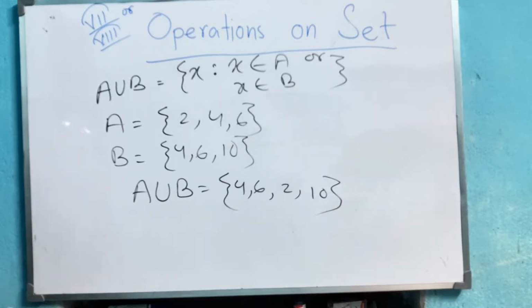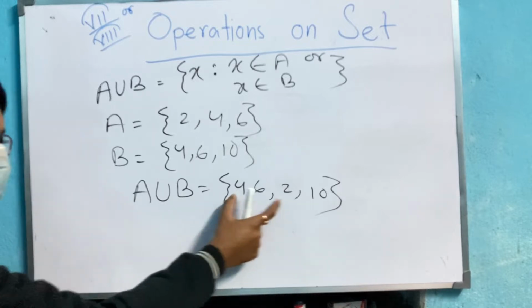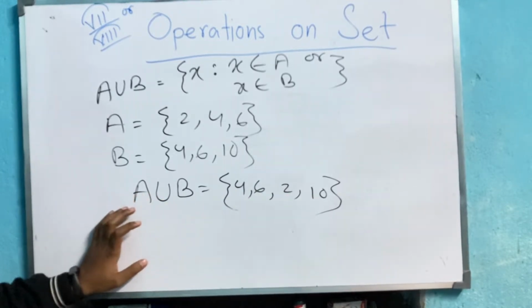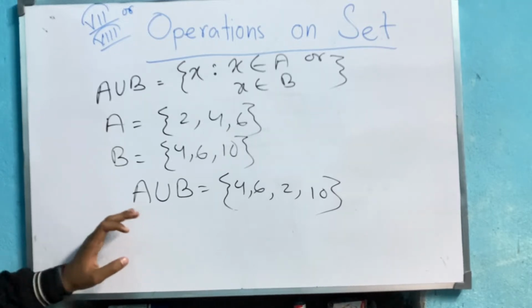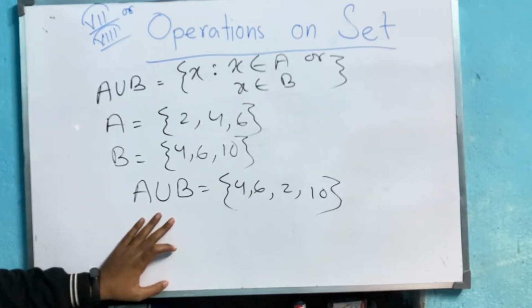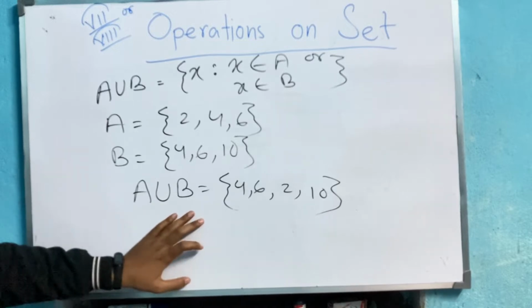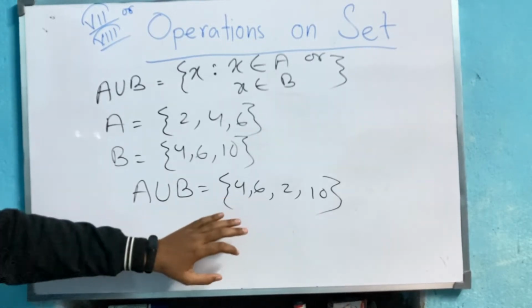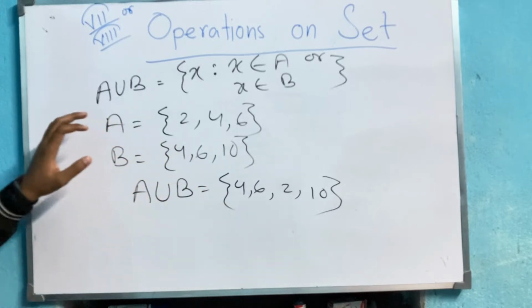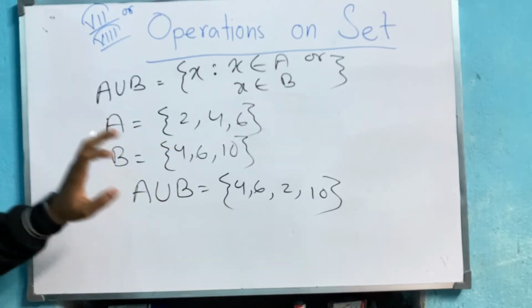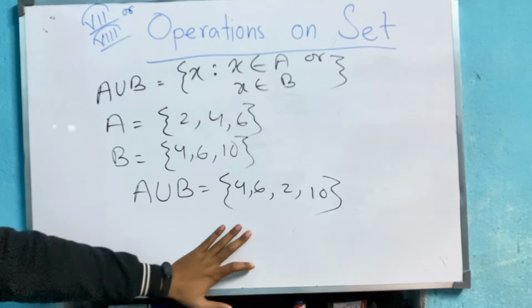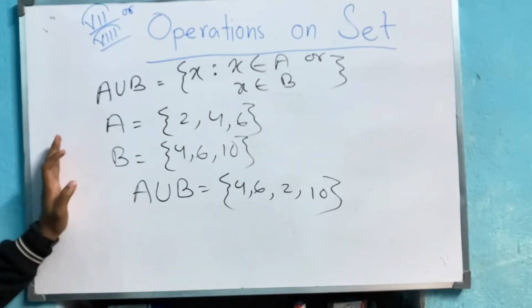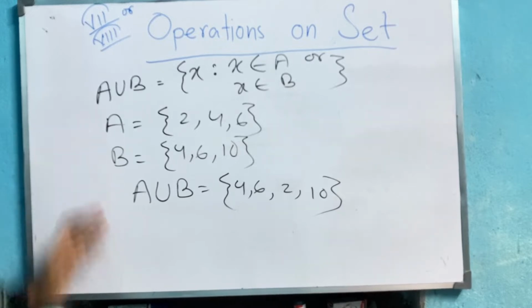That means these elements belong either to A or B. A union B means these elements belong to either A or B. So this is a good example of union.